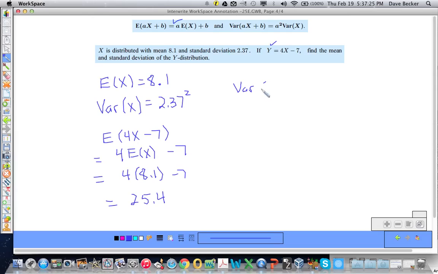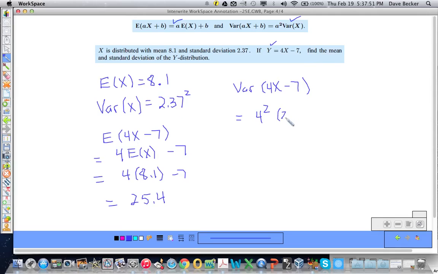of 4x minus 7? When I say x, you know I'm talking about the random variable x. Using this formula, it's equal to a squared, and my a is 4. So that's going to be 4 squared multiplied by the variance of x, which we know to be 2.37 squared.